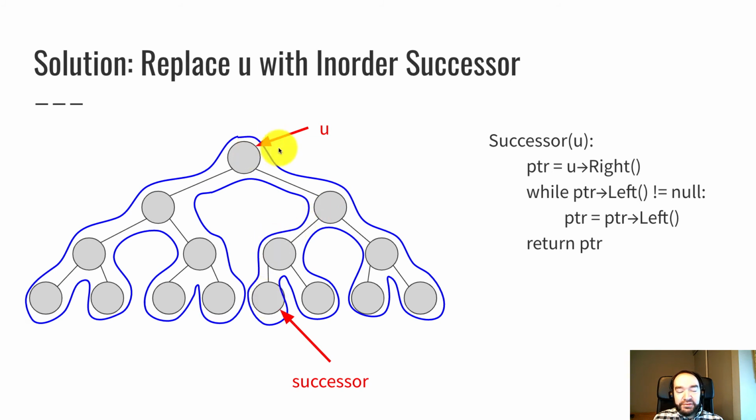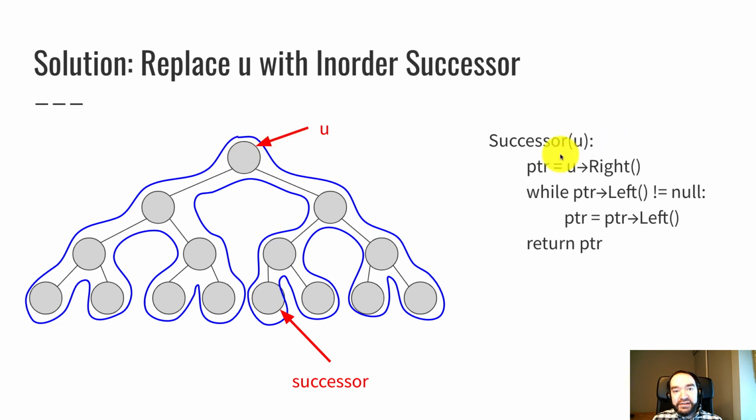So again, everything to the right of U has keys that are greater than U's key, but we want the smallest of those. It's the next biggest element in the sequence. So going right says give us stuff bigger than U's key, and then go left as far as you can. This node on the left side of the right half of the tree is the successor. That's the smallest key that's still bigger than U's key.